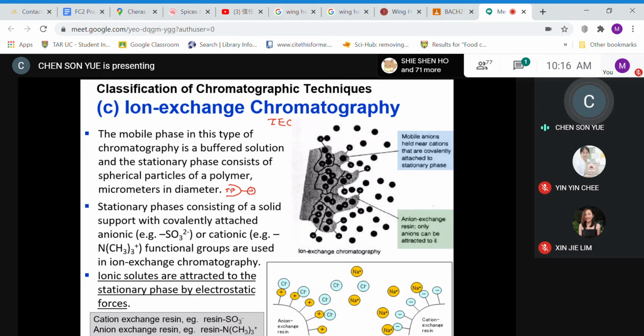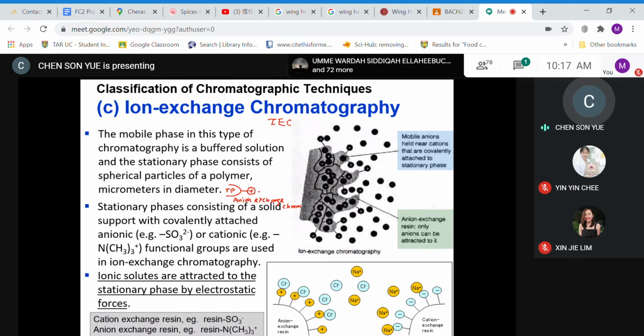It is coated with positive here, and this we call an ion exchange chromatography.